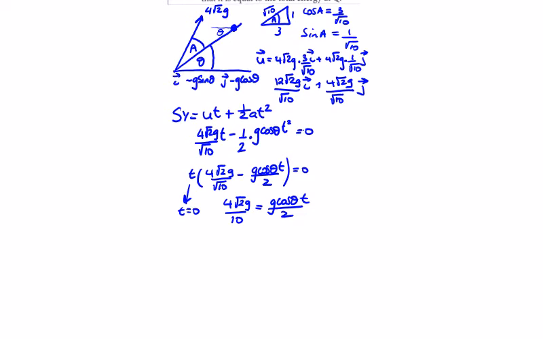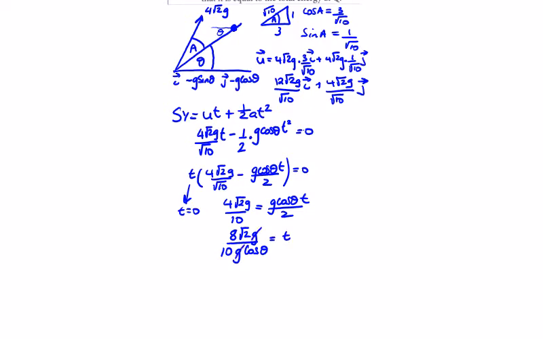So we have 8 root 2g over g cos theta times 10, so 10g cos theta is equal to t.